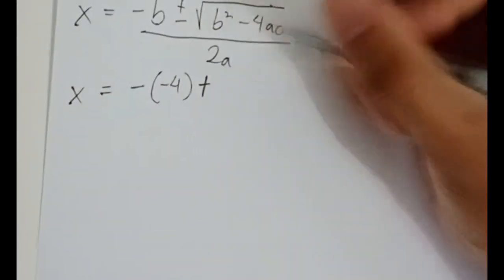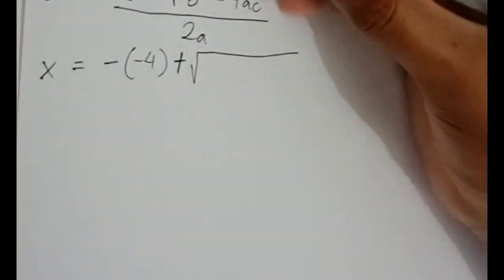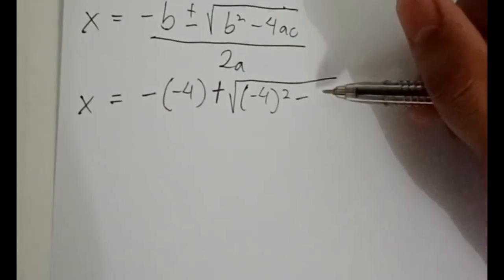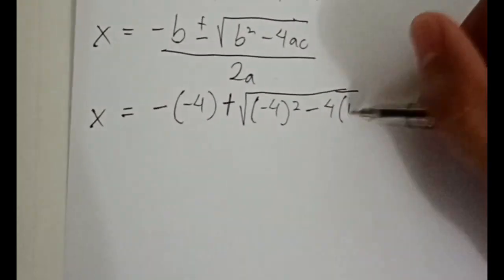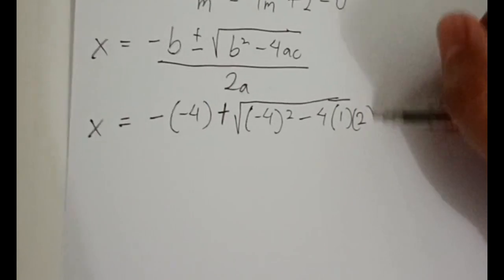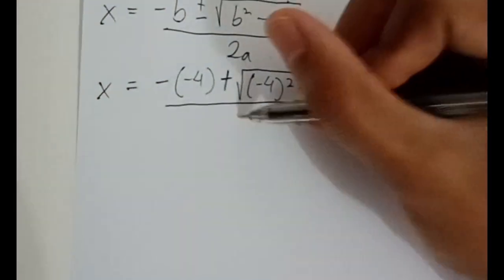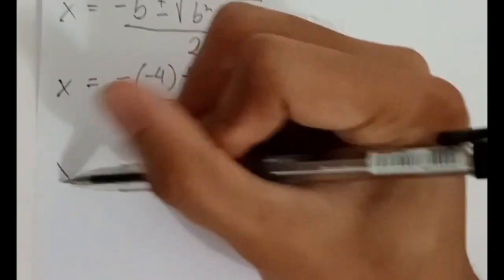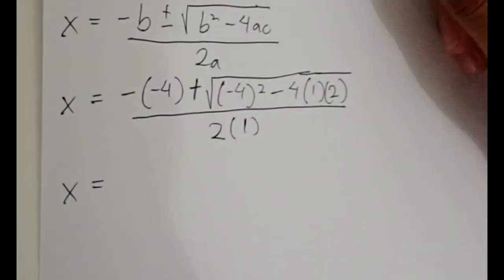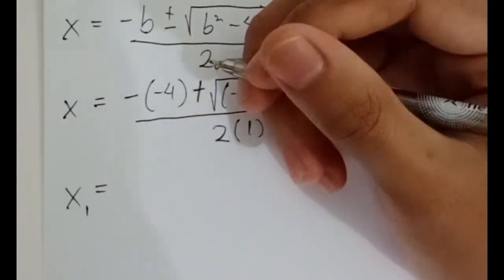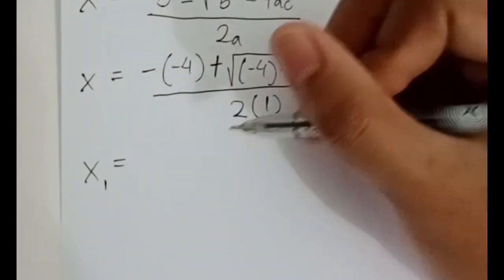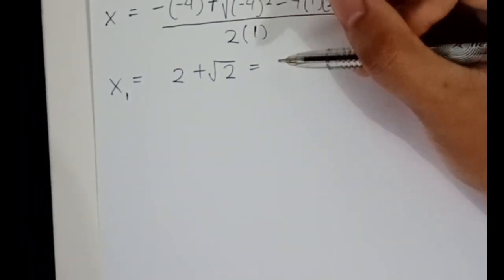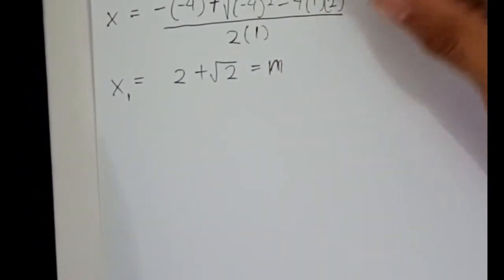We find first the positive root: negative of negative 4 plus the square root of negative 4 squared minus 4 times a, which is 1, times c, which is 2, over 2a, where a is 1. Plugging this into our calculator, x sub 1 is 2 plus square root of 2, which is our m sub 2.